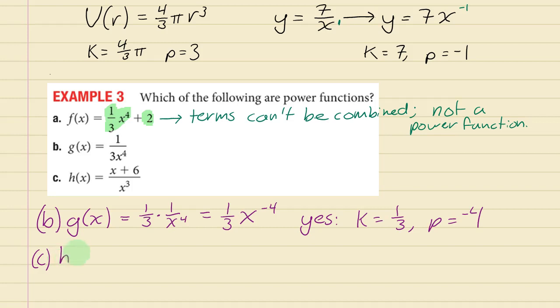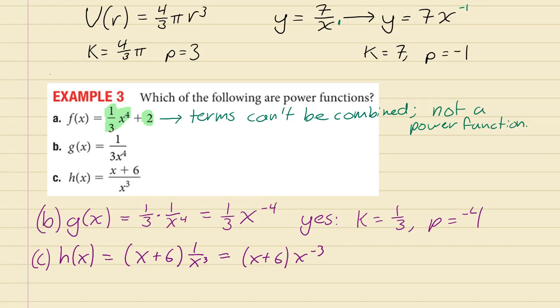Anyways, the h of x here that we have, we could take that x to the 3 in the denominator and move it to the top, because what we have is x plus 6 times 1 over x cubed. You don't always have to do the step once you get used to it. And write it as x plus 6 times x to the power negative 3. That's the same thing.